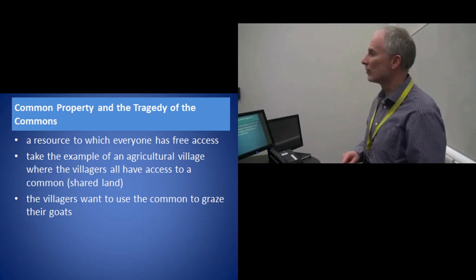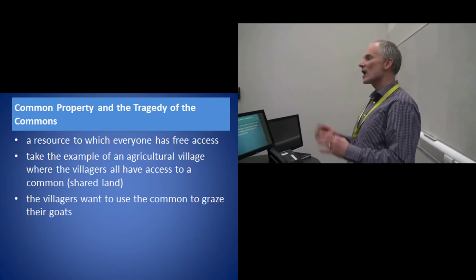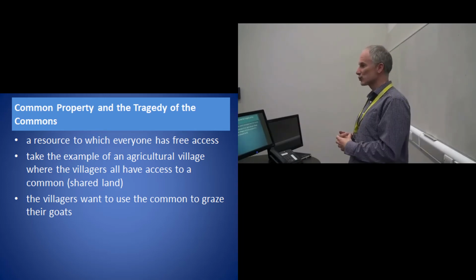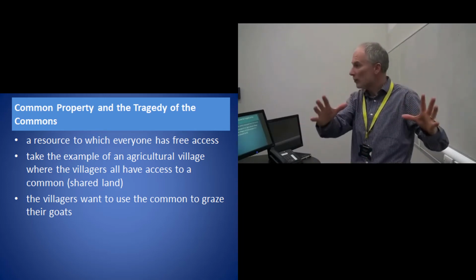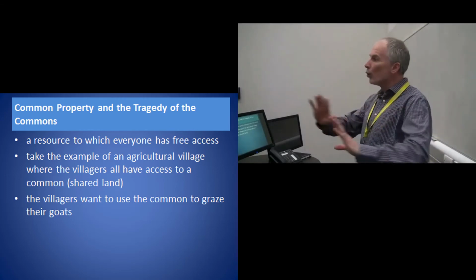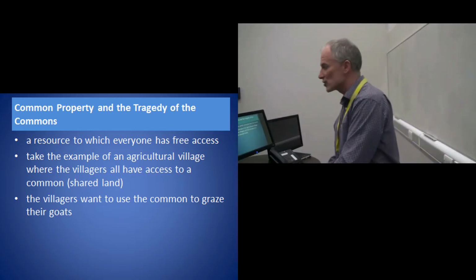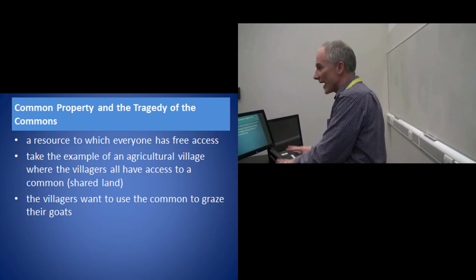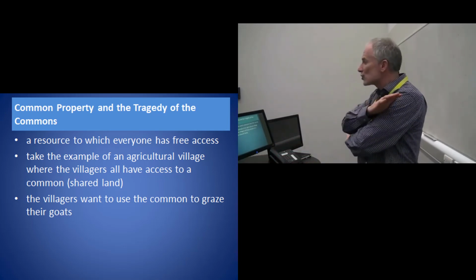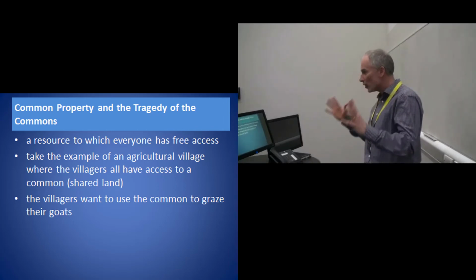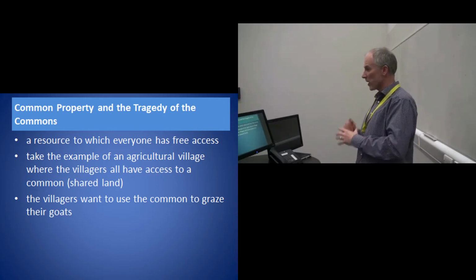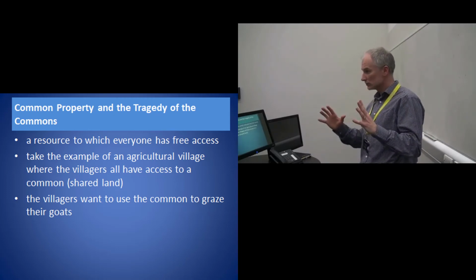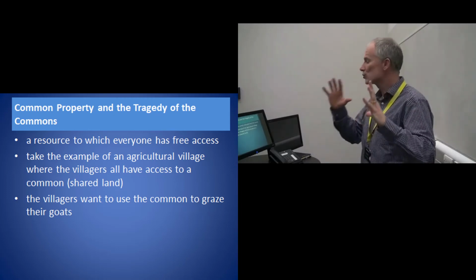The example I'll give you is an agricultural village. In this agricultural village, there is a common field, and all the residents of this village are allowed to use and access that common field. And they can do so costlessly. They do not need to pay for it. It's a common good. They can all use that.